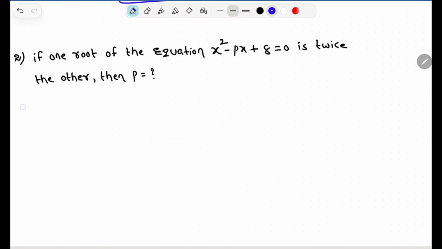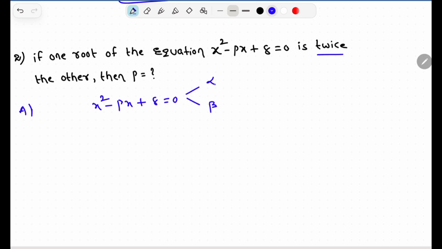Now in the given problem, one root of the given equation is twice the other. What is the given equation? x to the power 2 minus px plus 8 equals 0. We have two roots, alpha and beta, but one root is twice the other.